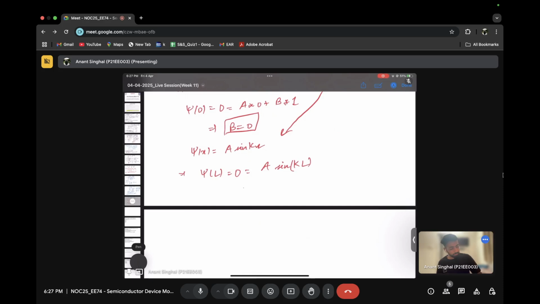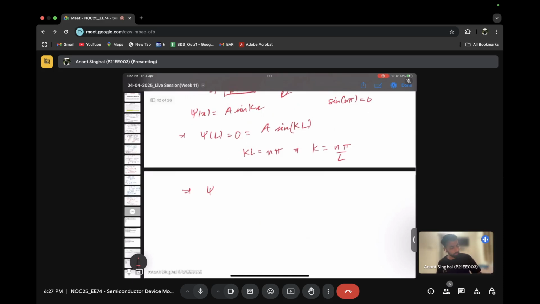Yeah, that is one value. In general, sin n pi is 0, right? There is no single value. So kL will be equal to n pi. That will make k equal to n pi by L. From this, we came to know that the wave function is a sin n pi x by L.